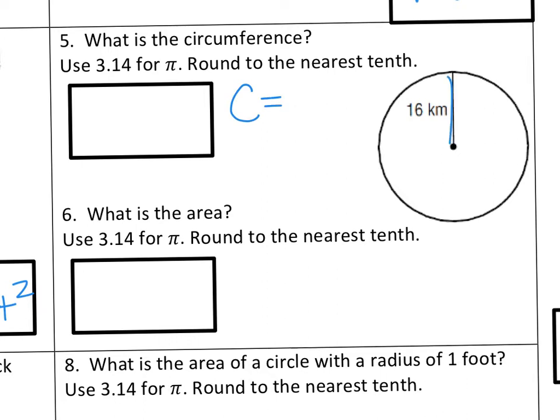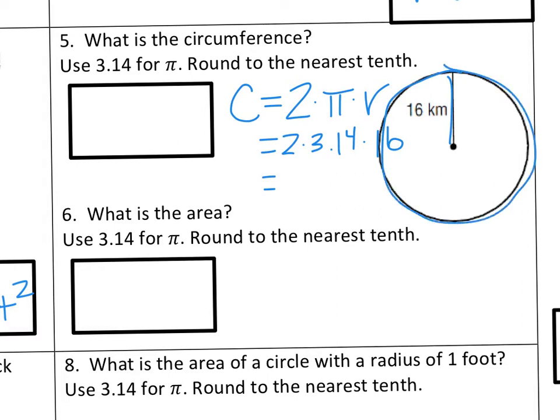That's the radius, so I'm going to use the radius formula for circumference. 2 times pi times radius, which is 2 times 3.14 times the radius of 16. And that's a linear distance.